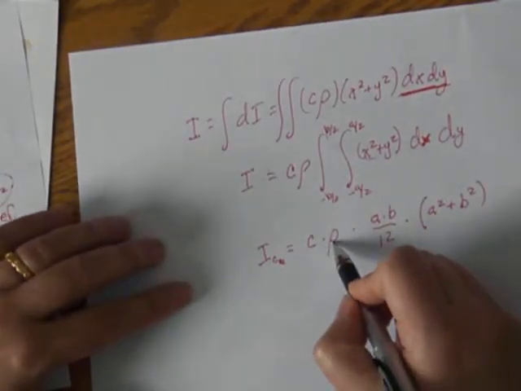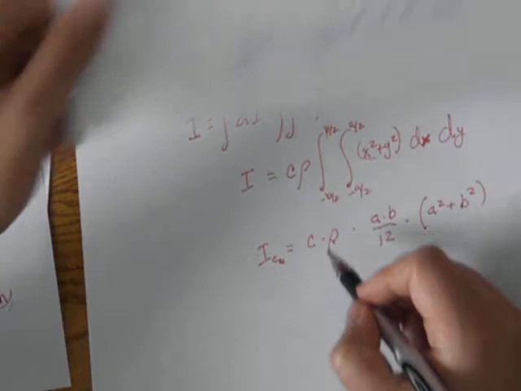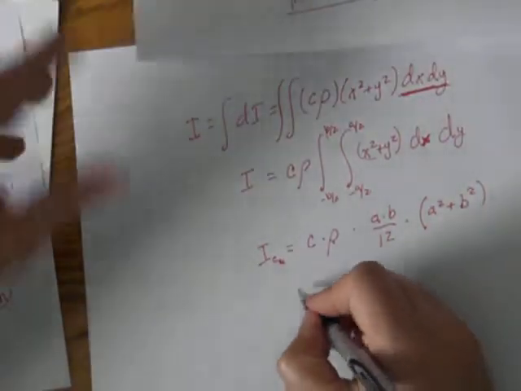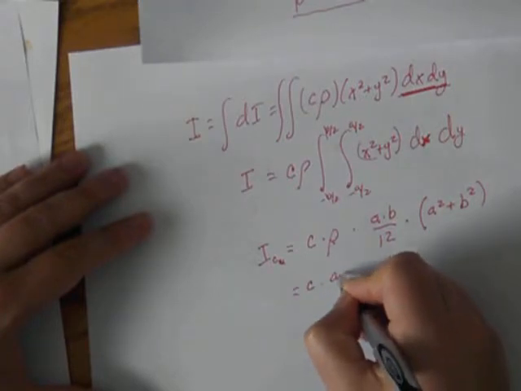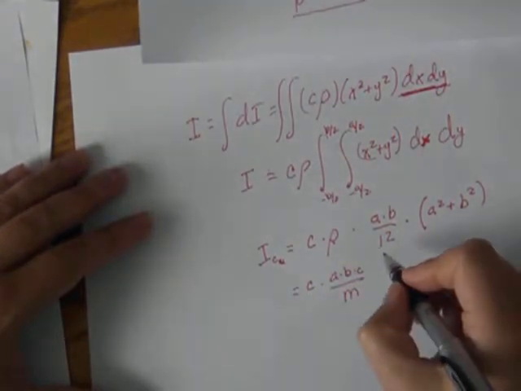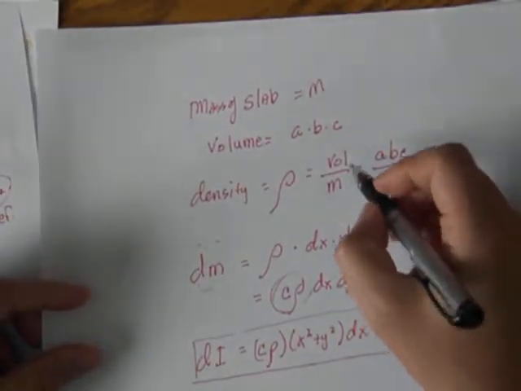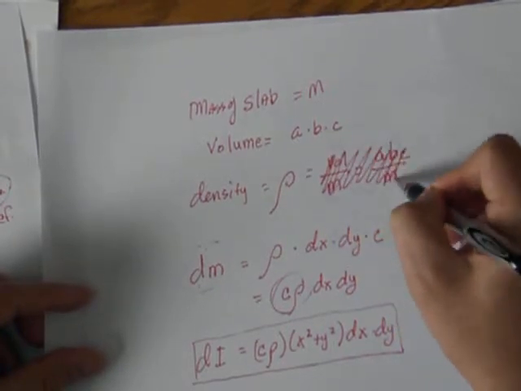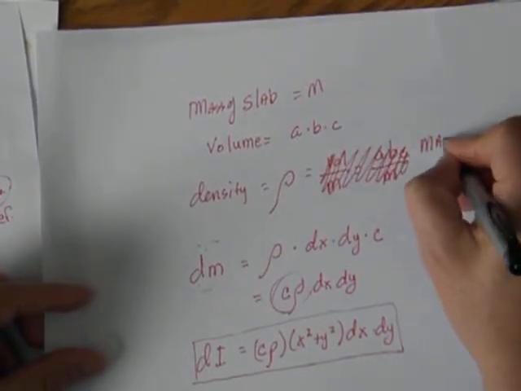We can substitute back in for rho, and remember that rho is just the volume of the slab divided by the mass. Oh, I made a mistake. Volume is mass.